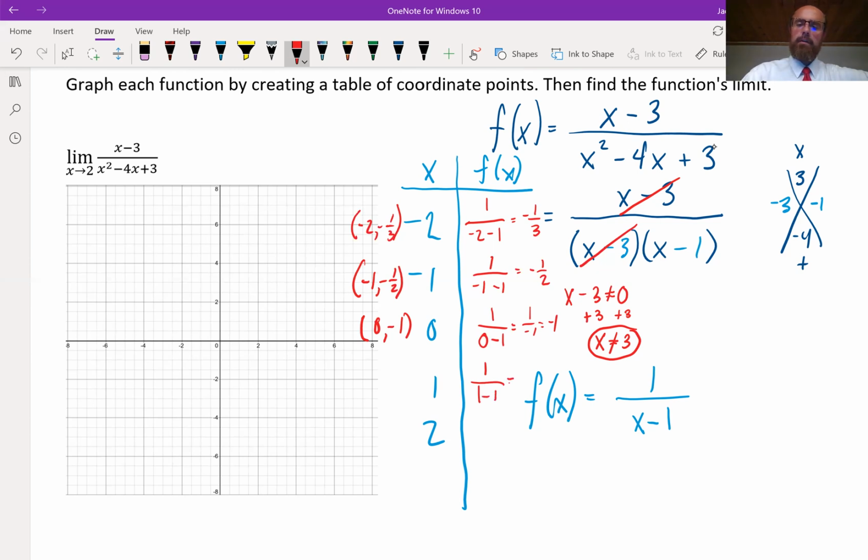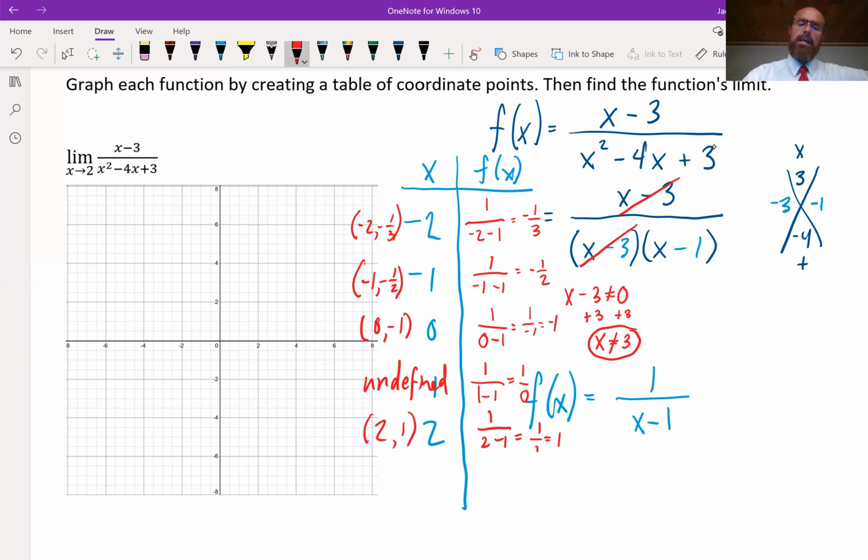Eureka, we found it. 1 over 0. That's undefined. Cannot divide by 0. Okay, 1 over 2 minus 1 is 1 over 1, which is 1. So we got the point 2, 1.